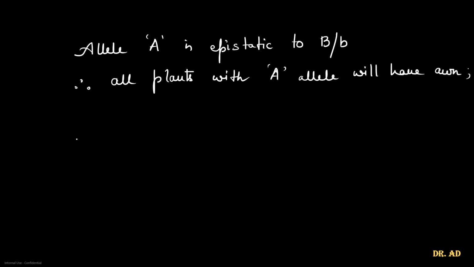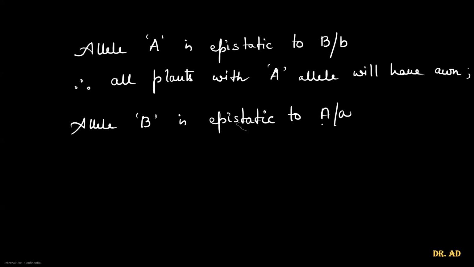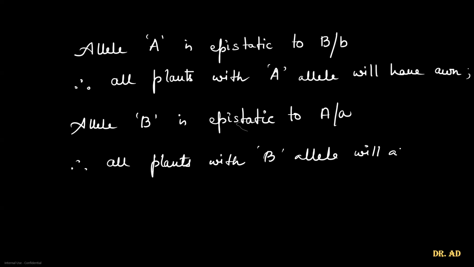Now see, allele B is epistatic to this. Again, therefore, all plants with B allele will also have "on", isn't it? Very simple.